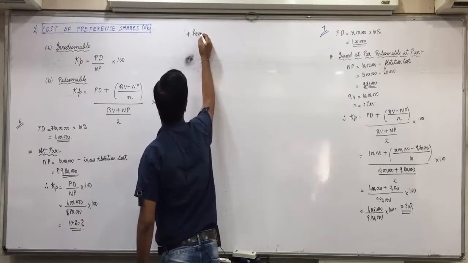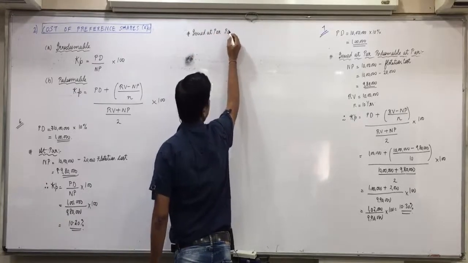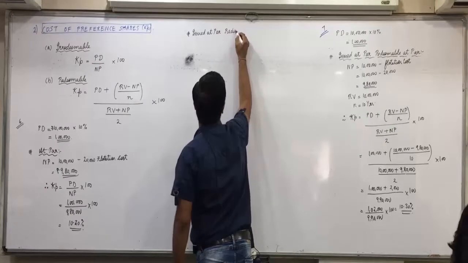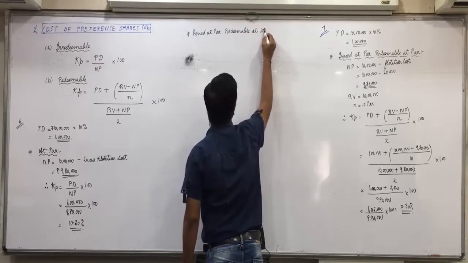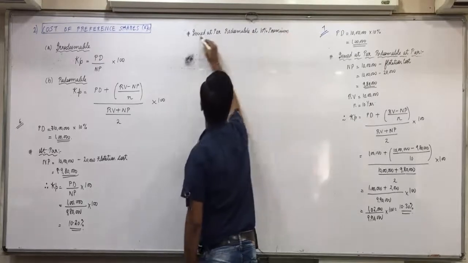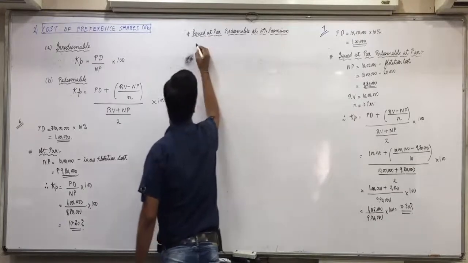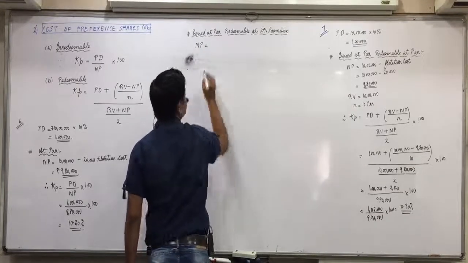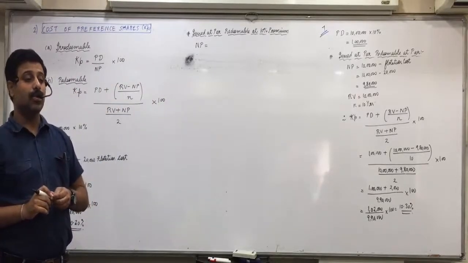Issued at par, redeemable at how much premium? 10% premium. Issued at par.